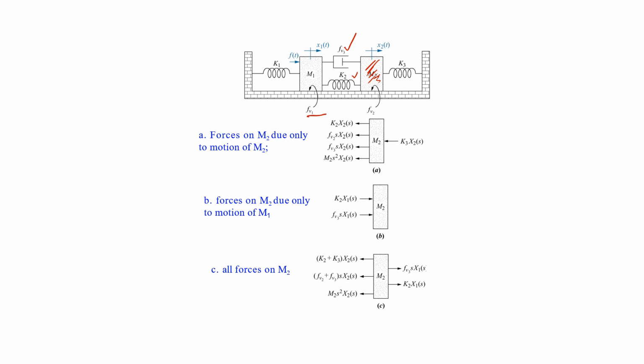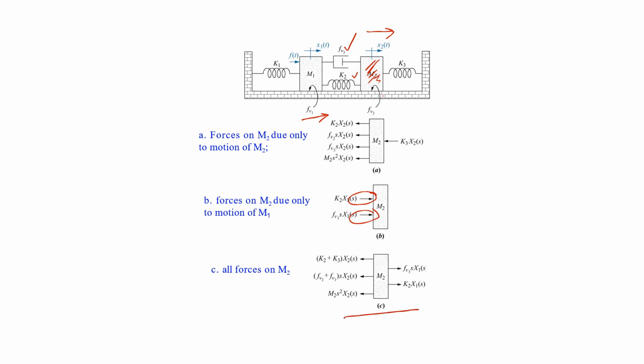And we can see that if we move this mass in the positive direction, that is in the direction of x1, it will have a positive impact on m2. It will encourage the mass m2 to move towards the direction of displacement x2. So that's why we can see that the arrow on these two forces is towards the right side.